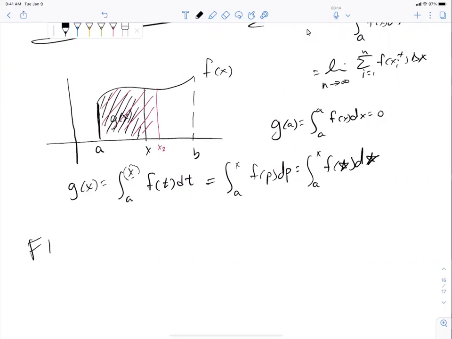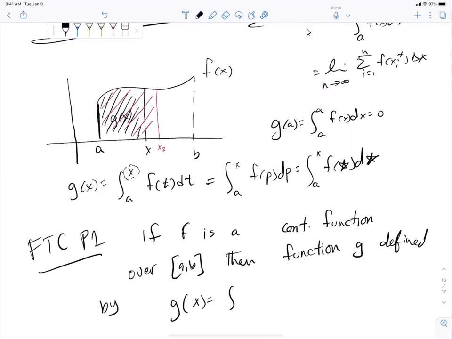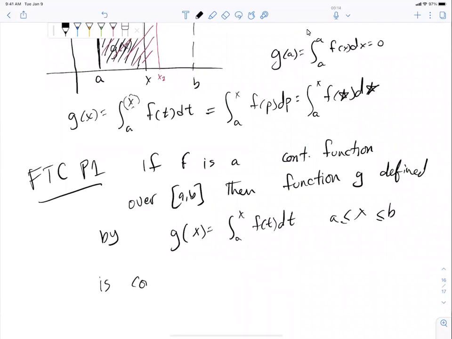Fundamental theorem of calculus part 1 says, in a simple form, that if f is a continuous function over [a, b], then the function g defined by the same definition, g of x equals the integral from a to x of f of t dt, where x values are between a and b inclusive, is also continuous. That's why we started by assuming continuity of f.